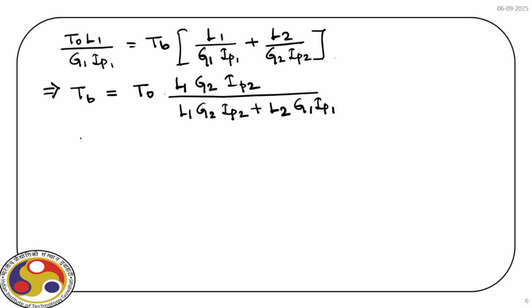So once we find out TB, we can also find out TA, which is nothing but T0 minus TB.